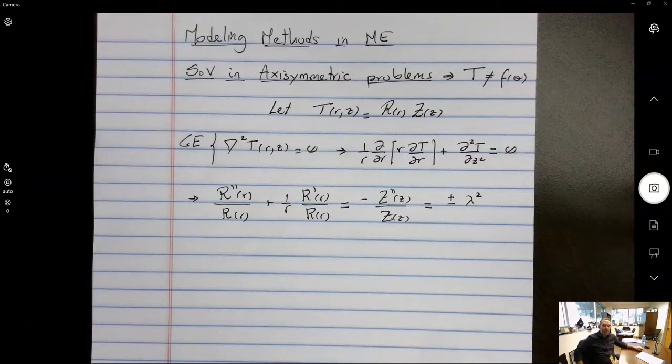Then we're going to force the sign of that constant depending on the direction of homogeneity.